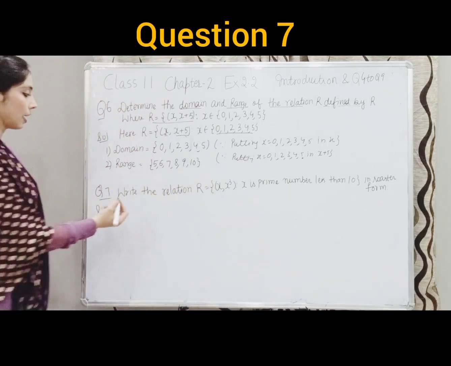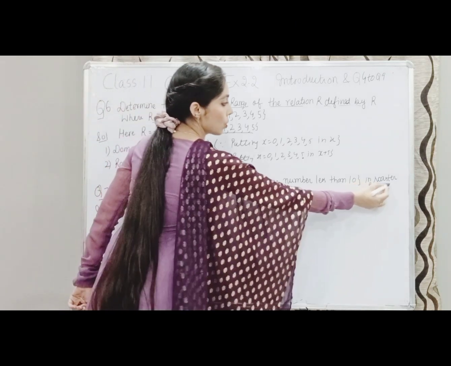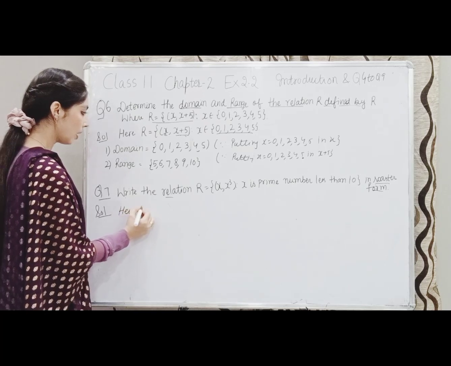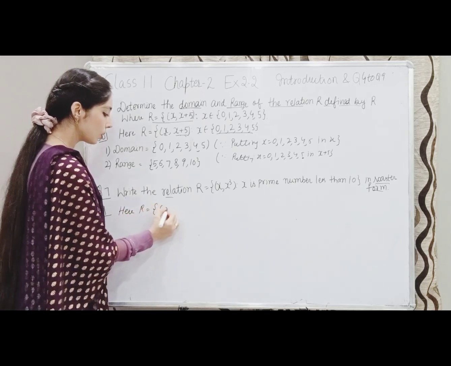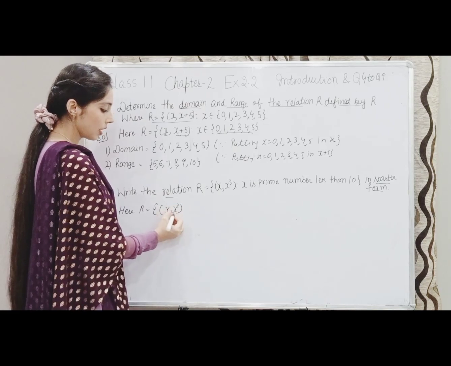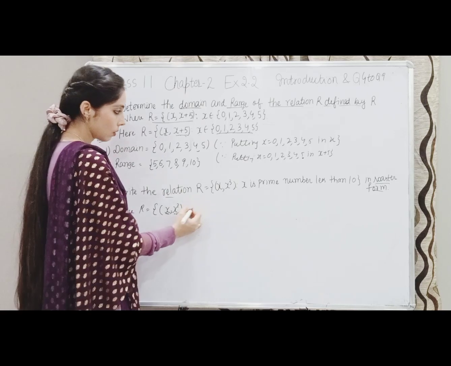Now question number 7. We have to write the relation R in roster form. Okay. So what is R? Here R is equal to those ordered pairs in which the first element is x and the second element is the cube of x. Okay.